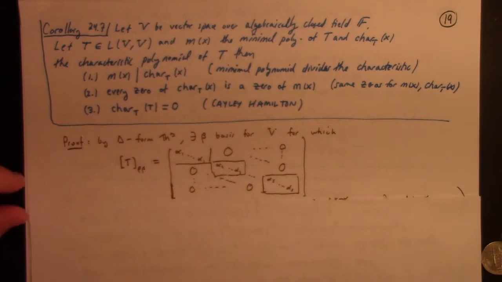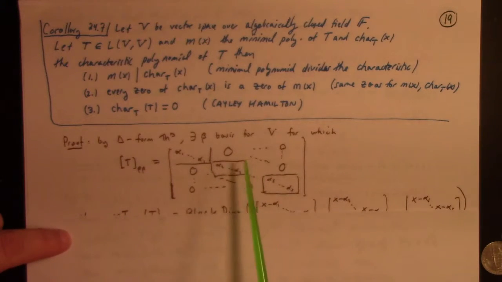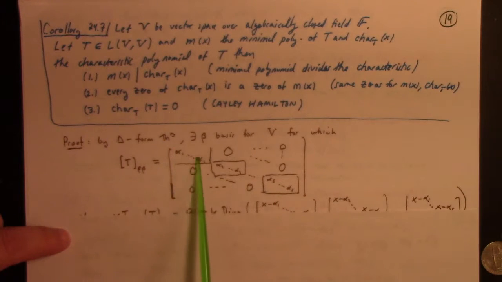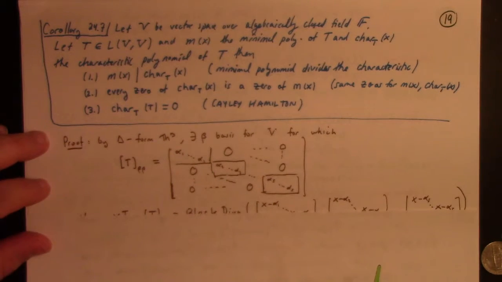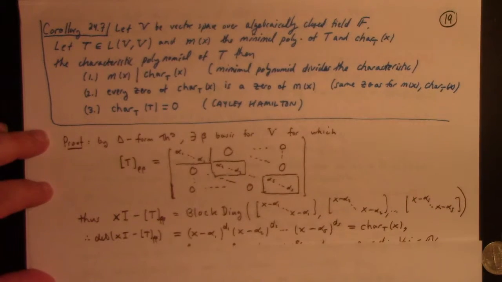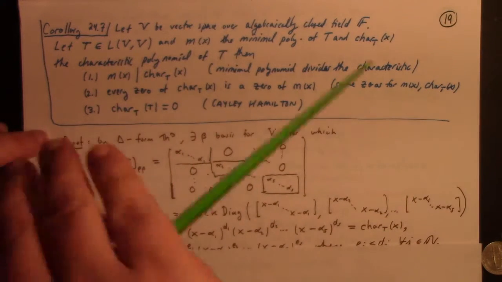The proof is mostly by the triangular form theorem. There exists a basis beta for V for which the matrix is triangular, and down the diagonal you've got alpha 1 through alpha s. So if you look at xI minus T, what's that look like? Through properties of the determinant, for an upper triangular matrix you just multiply the diagonals.